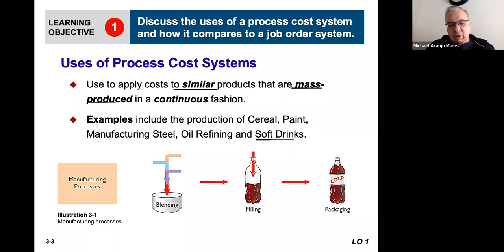Then it goes into filling stations, and then it gets packaged and ready to go. But basically, all of these are similar products, and the process is quite simple in essence. The same would be true for the production of cereals, for the production of paint, believe it or not, for the production of steel as well as oil refining products. Okay.